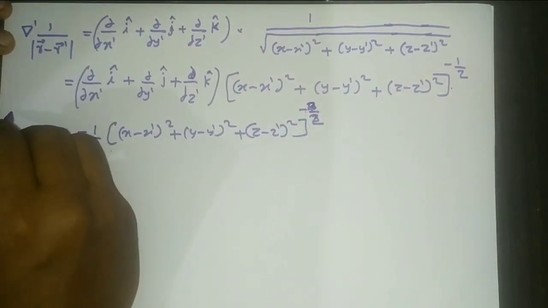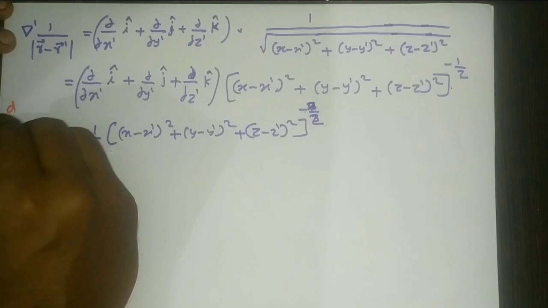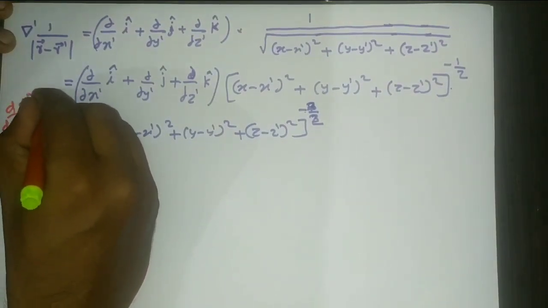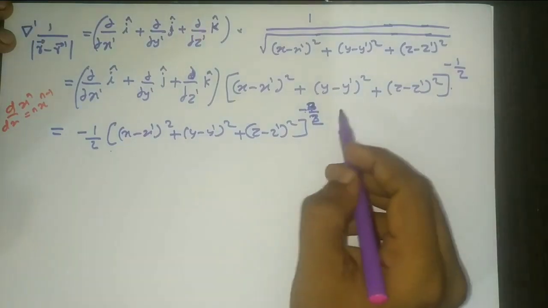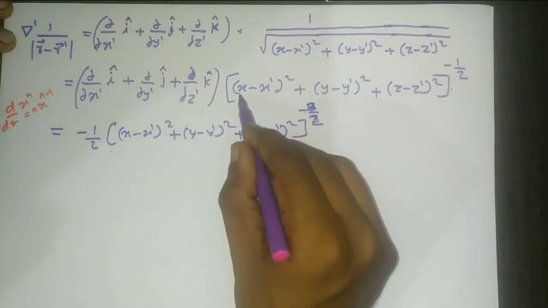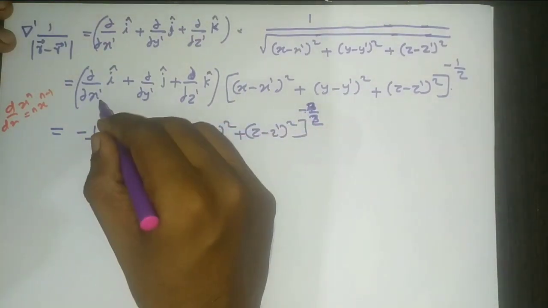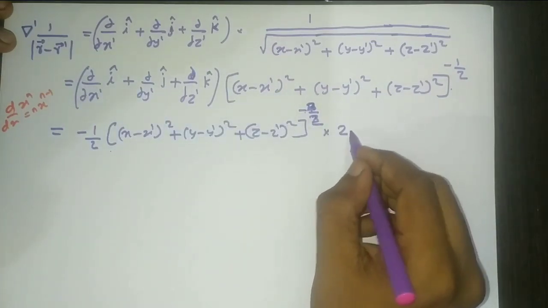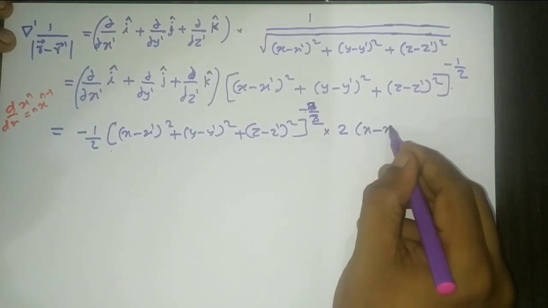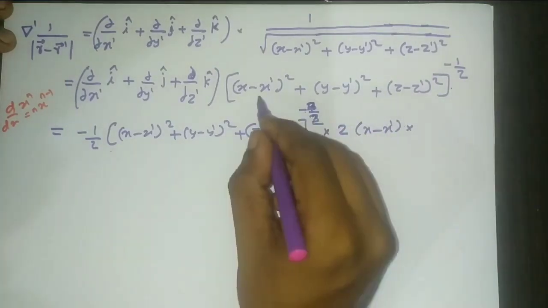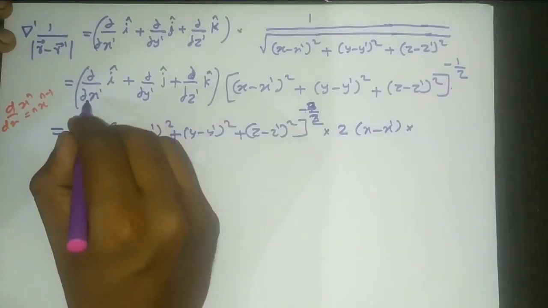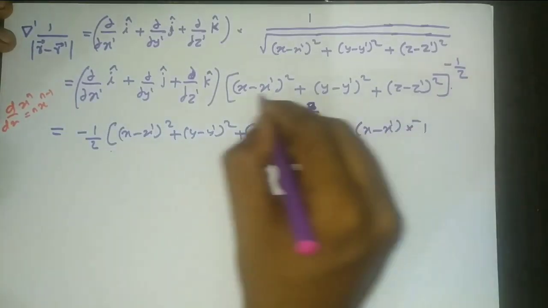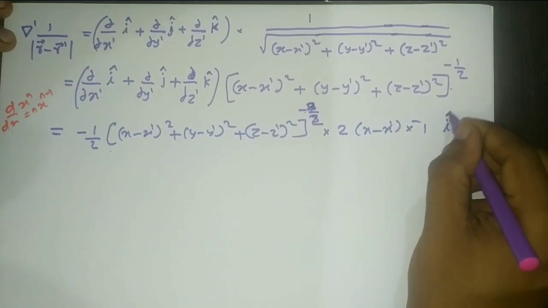Here we have used this relation: d/dx of x^n is equal to n x^(n−1). Now we have to differentiate this quantity with respect to x'. That is 2 into (x − x') into differentiation of (x − x') with respect to x', that is minus 1, and with the i cap.